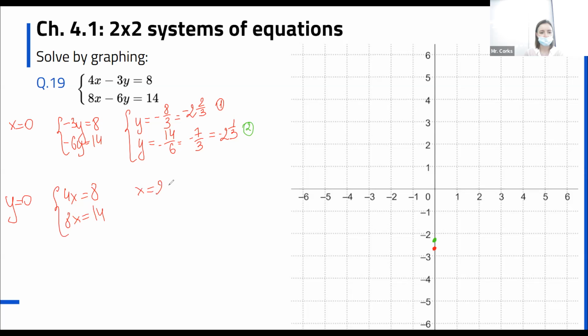So here x equals 1 and here x equals 14 over 8, which is 7 over 4, which is 1 and 3/4. Okay.